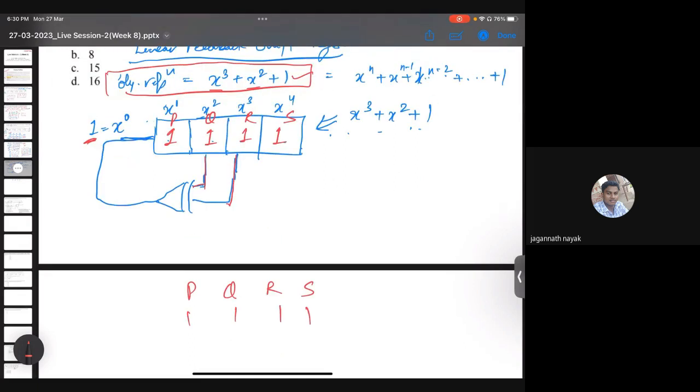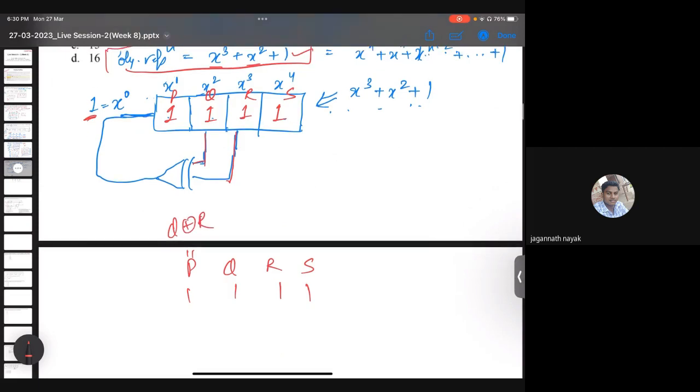All of them are getting shifted, but the first bit P is equal to Q XOR R. Is it fine with everyone? Please try to respond if it is fine.